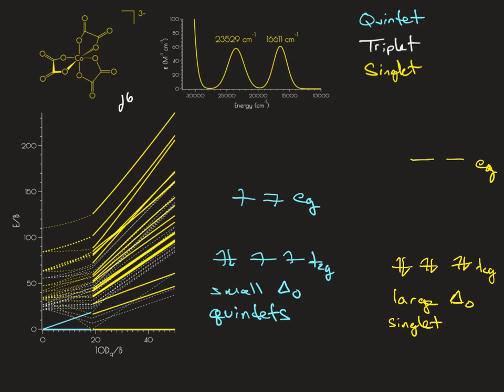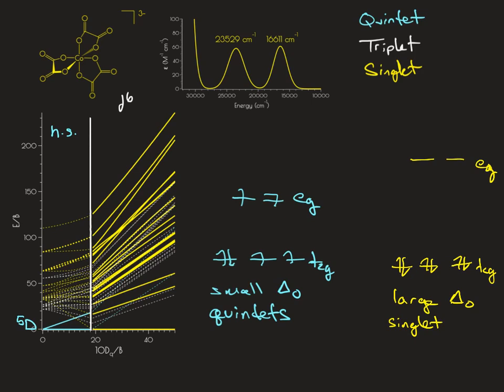If you look down at the 10 Dq over B equating to approximately 19.5, you'll notice that there's a discontinuity. At small values of 10 Dq over B, you have a high spin species, which is represented by a quintet ground state originating from that quintet D term.